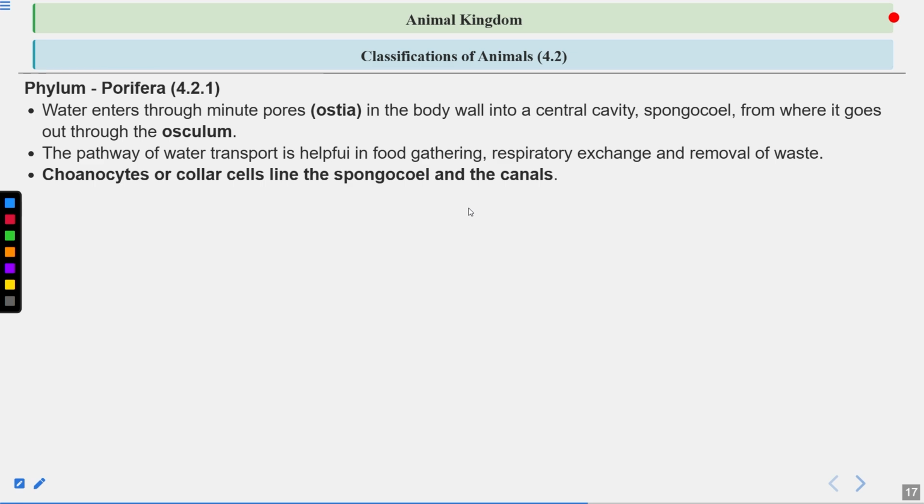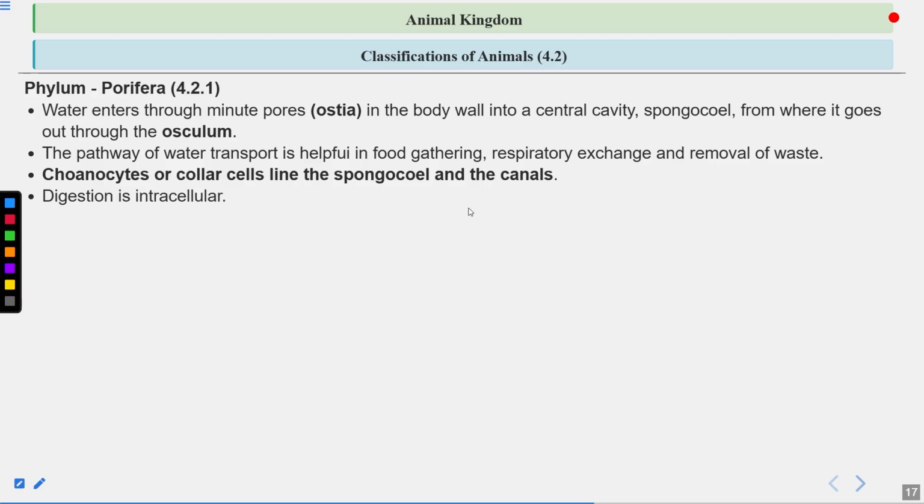So these choanocytes or the collar cells are very, very important, and this is a very specific feature of this phylum Porifera. Pore bearing organism, and from this pore bearing organism the term Porifera comes.